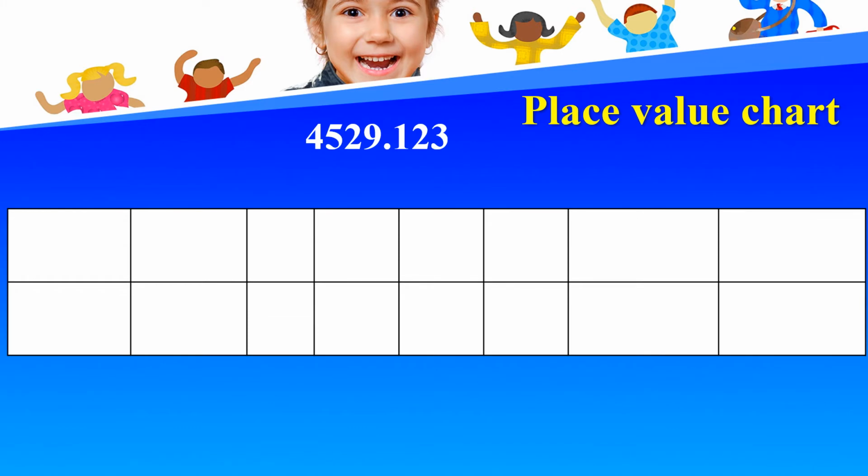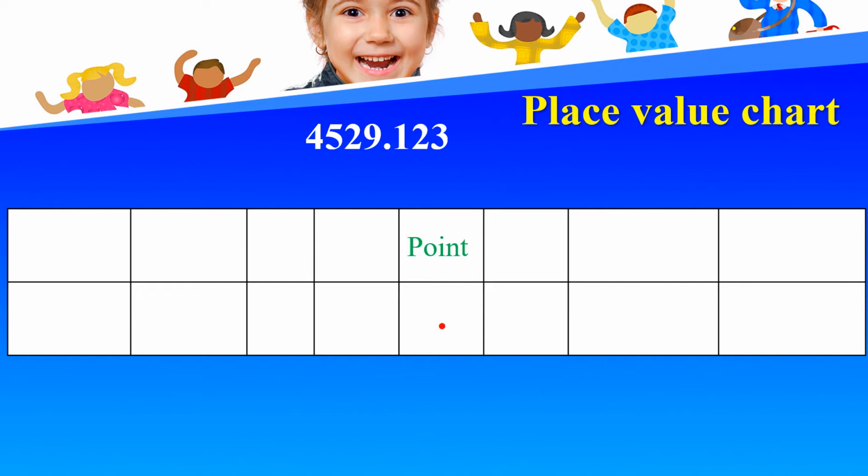The numbers after the decimal point should be read separately as 1, 2 and 3. To draw the place value chart, first place the point in the middle. To the left we have the whole part and to the right we have the decimal part.